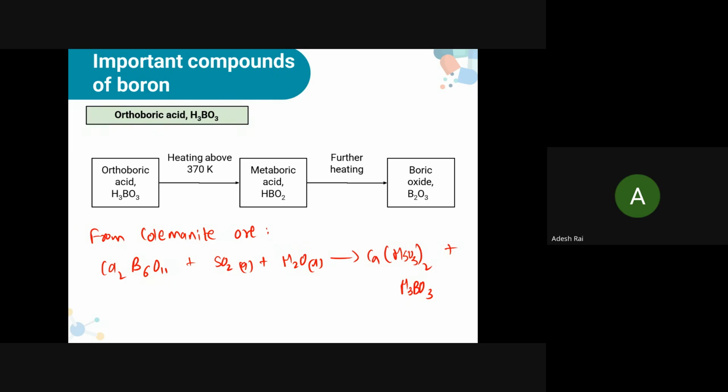So from boric acid, it will become metaboric acid, HBO2. And if you heat it further, it changes into boric oxide, B2O3. So remember this, it is called the heating effect of H3BO3. On heating, first it will get converted to metaboric acid, and then finally it will form B2O3, that is boric oxide.